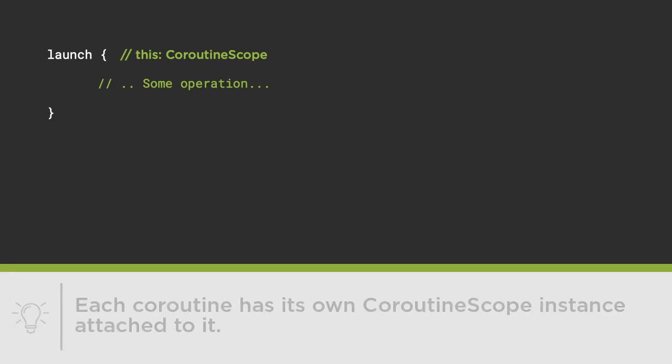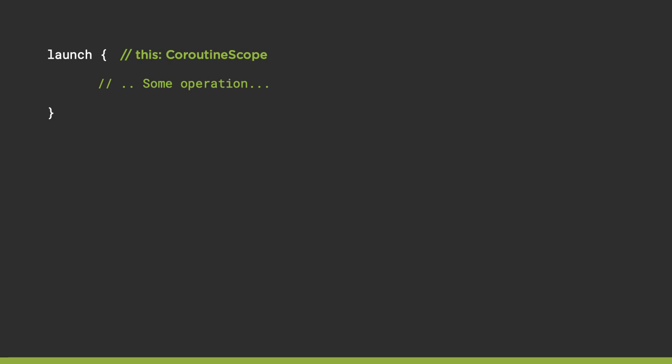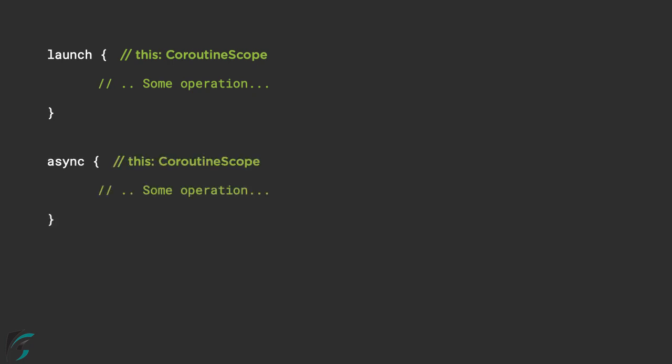So in short, every coroutine has its own CoroutineScope instance attached to it. And this is something you need to remember. Similarly, the coroutine builders like async or runBlocking also have a CoroutineScope object attached to them. Fine, I hope you get it.